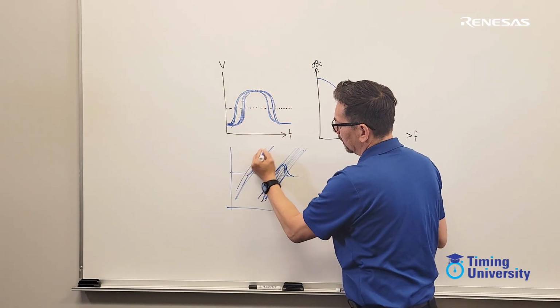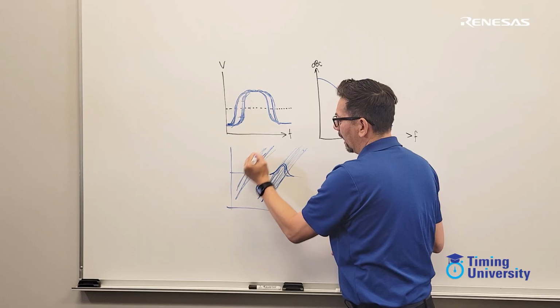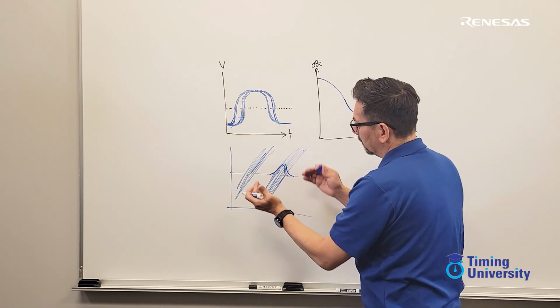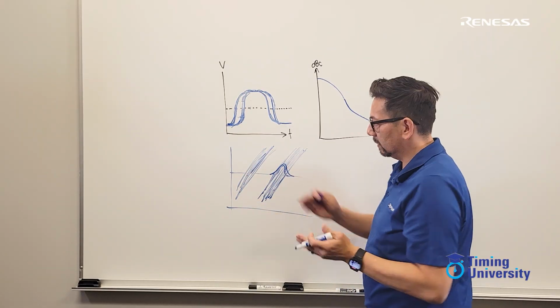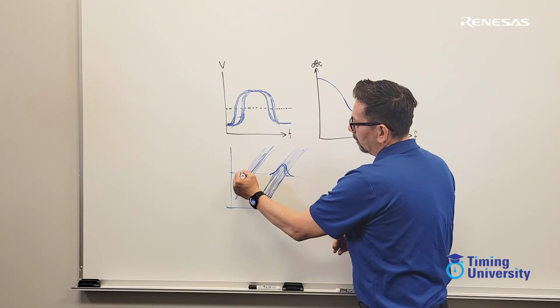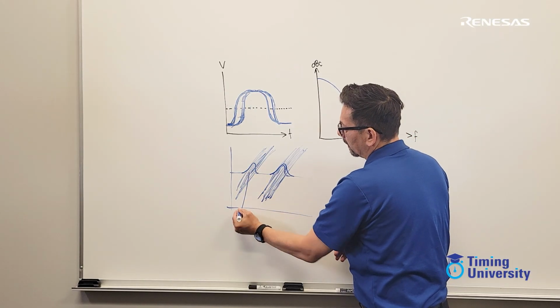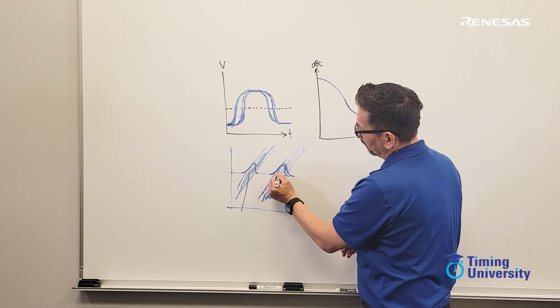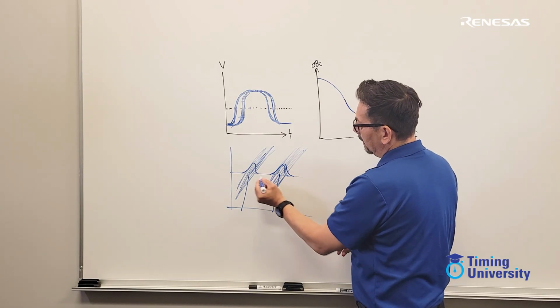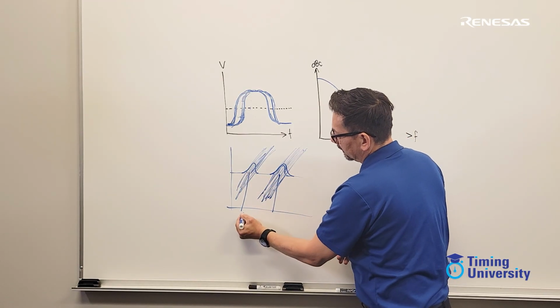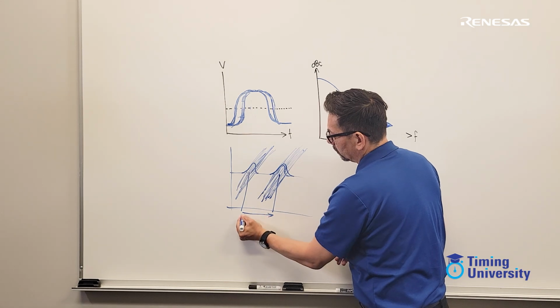So we zoom in, we have these two regions where the signal is crossing. This also has a random distribution across the center of that crossing. And if we find the center of this crossing, this distance is your deterministic jitter.